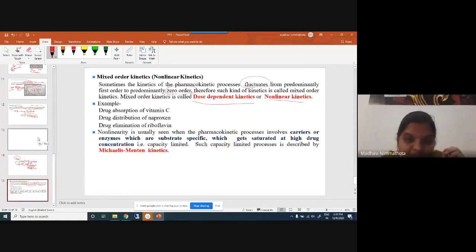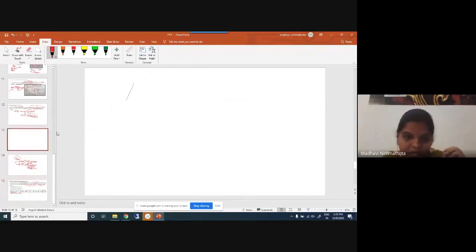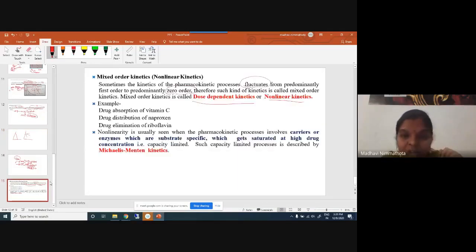And why are these also called non-linear kinetics? In the case of first order or zero order, you can get a linear graph. But in the case of non-linear, you will not get such a graph. Why? Because it is showing zero order and first order, so how will you get a linear graph? It is highly impossible. That's why it is called non-linear kinetics.